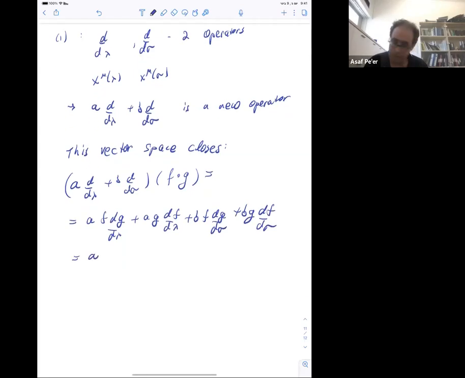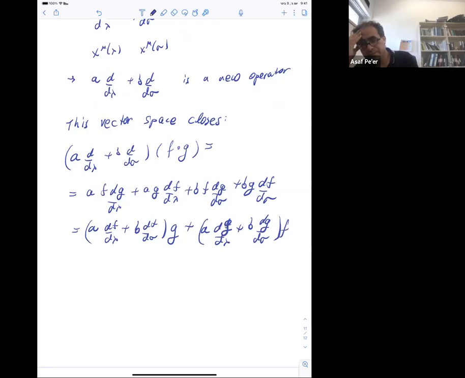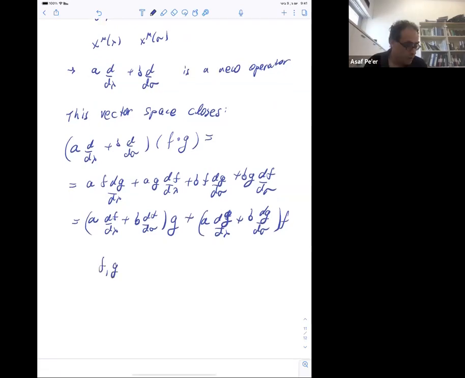which is just a df over d lambda plus b df over d sigma, times g, plus a dg over d lambda plus b dg over d sigma, times f. Here f and g are two general functions from the manifold M to R, so they belong to this space F, capital F. The product rule is satisfied, so this new operator is indeed a derivative operator.